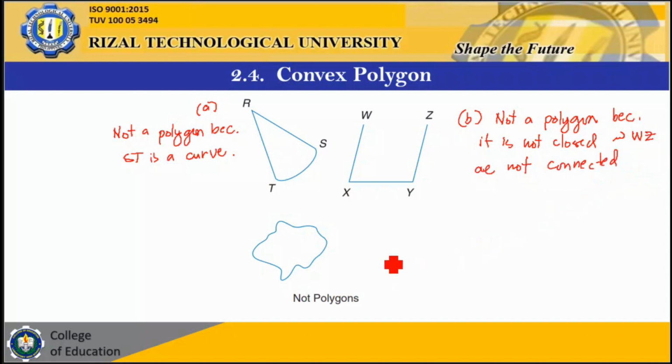And for letter C, we know that this is not a polygon because there are no segments.